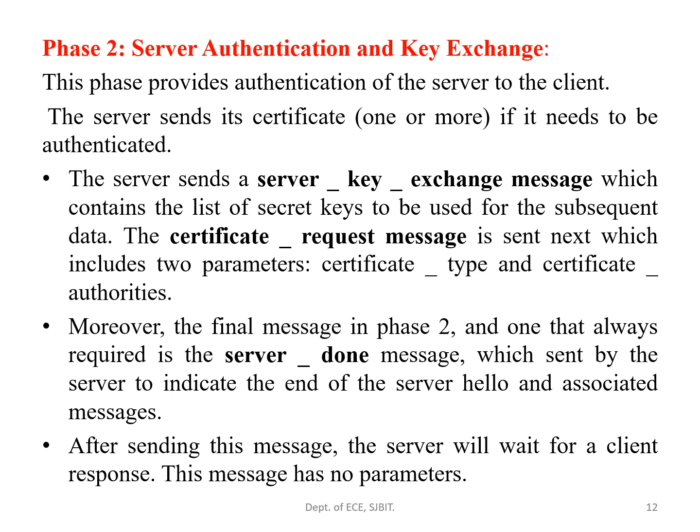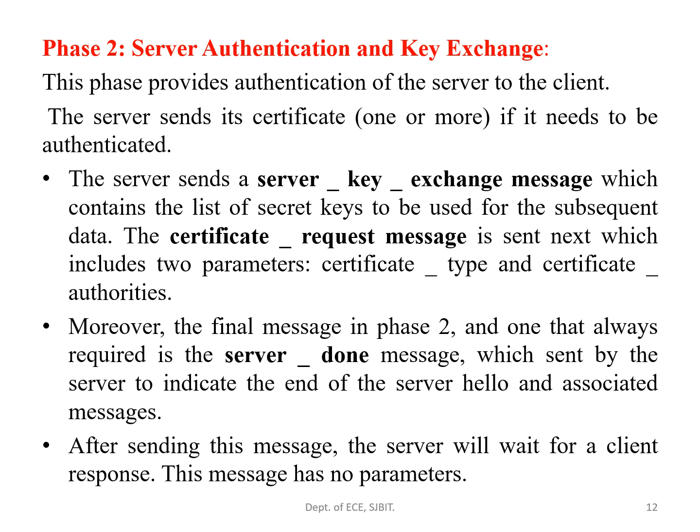If we need to authenticate with the client, the server sends a server key exchange message which contains the keys going to be used for the encryption purpose. Then the certificate request message includes 2 parameters, certificate type and certificate authorities. So here the certificates are used to authenticate the server and the client.